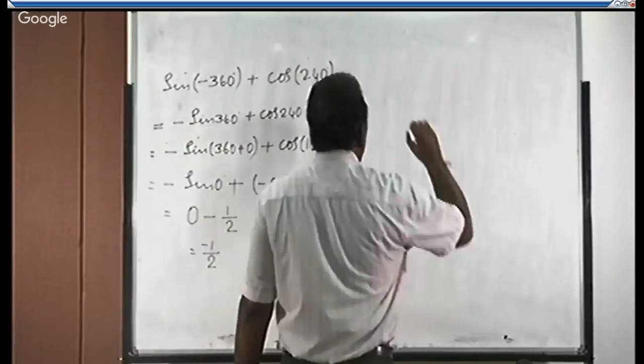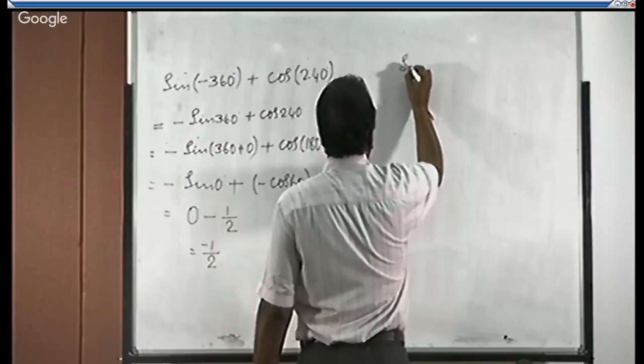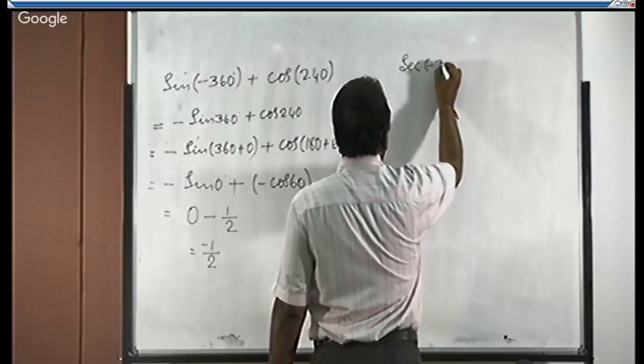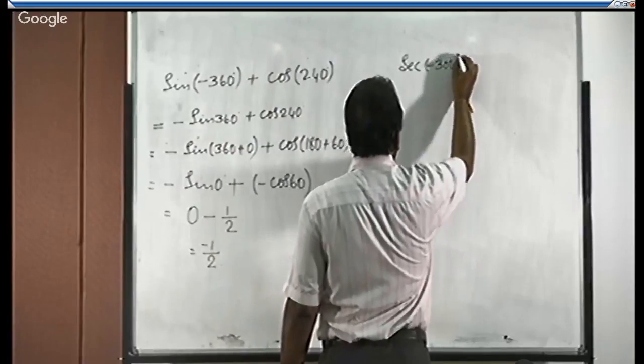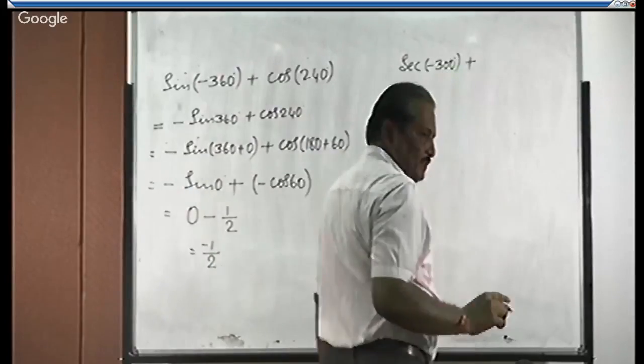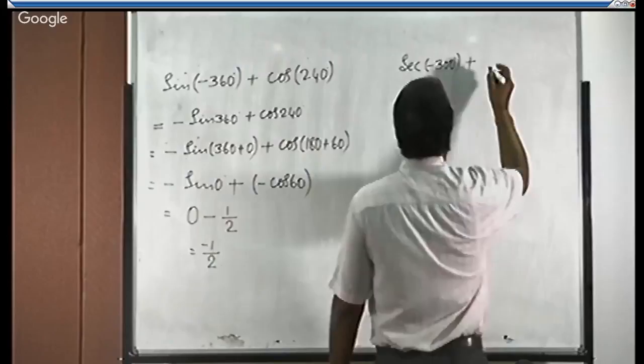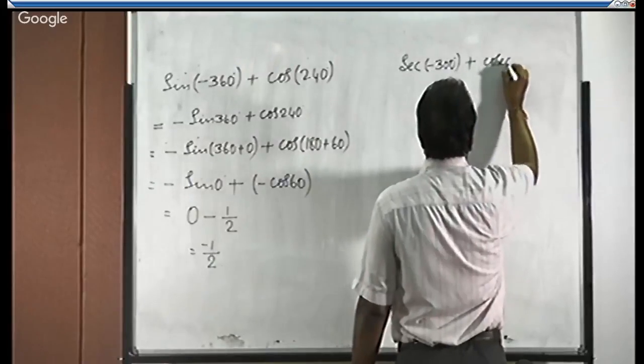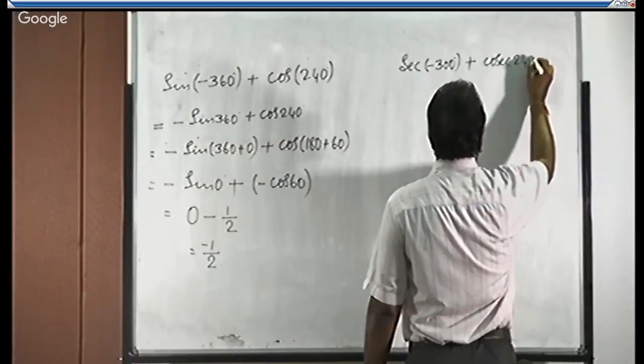So then, find the value of secant of minus 300 degree plus cosecant of 240 degree.